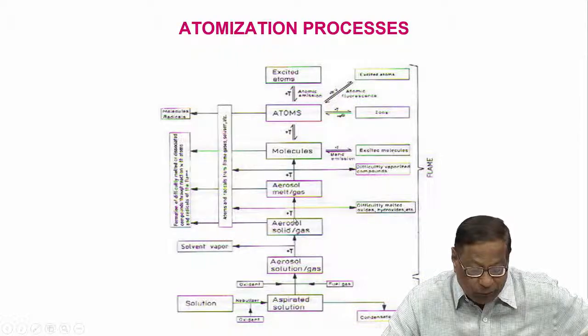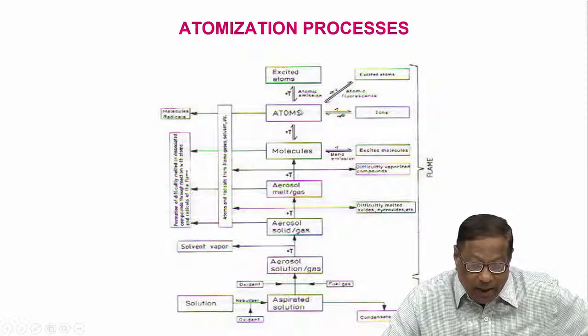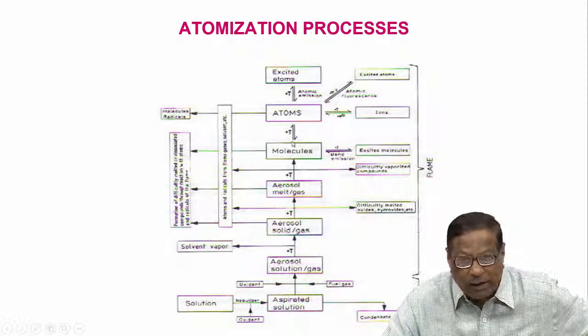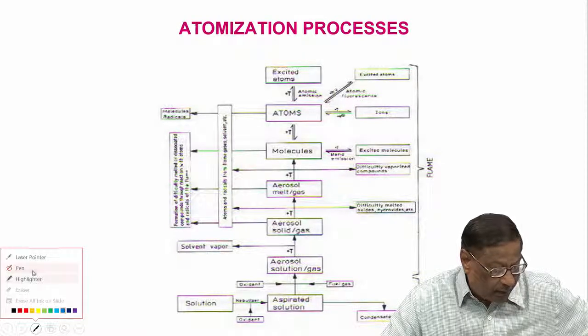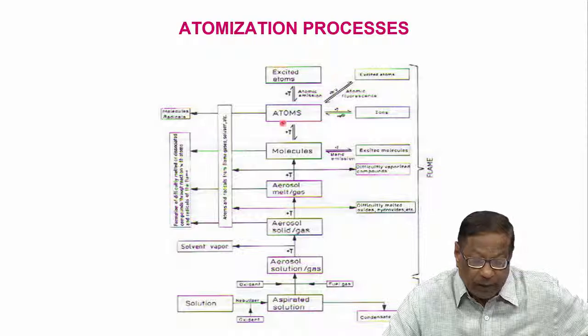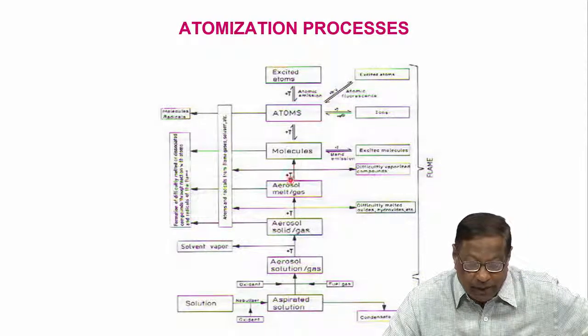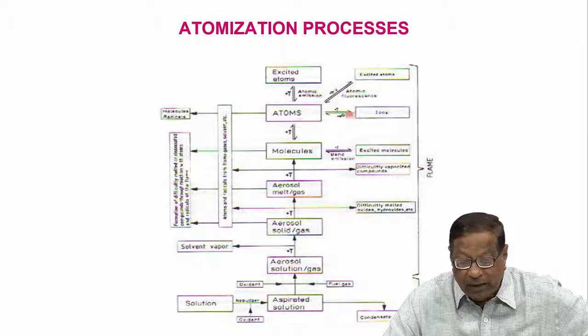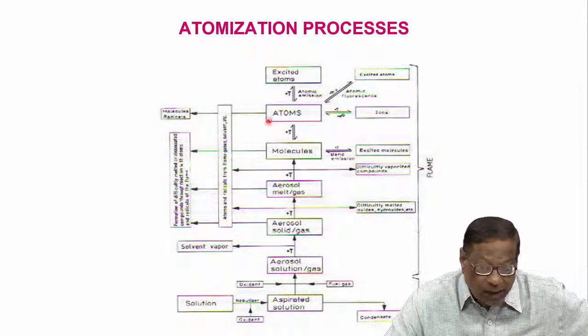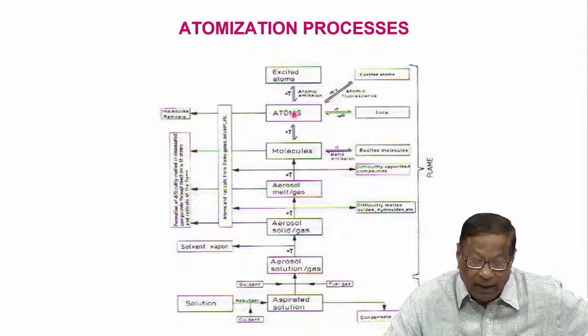So, all the oxides will form, and then we have the aerosol melt and gas molecules, and from the molecules they pick up electrons, and these electrons will react with the ions to form molecules. The molecules will revert to atoms, and from the atoms they can form ions or form molecules by combining again.